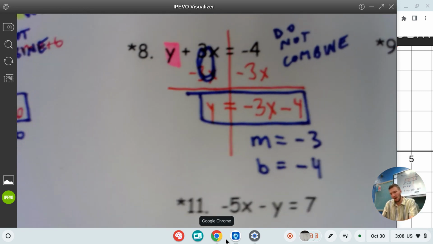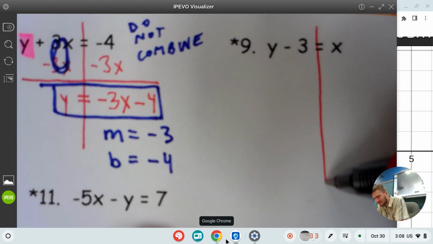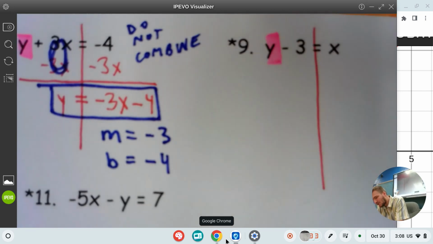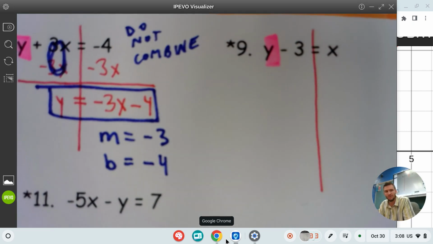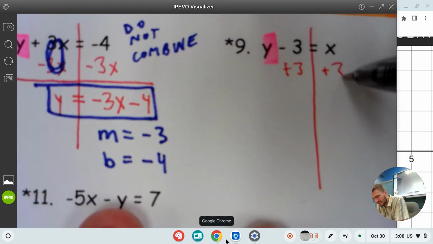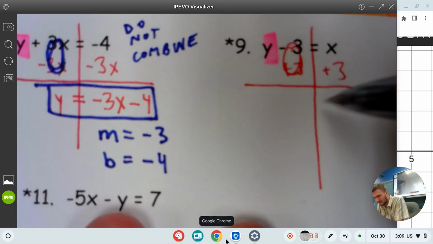All right. We're powering through. Number 9 is even easier than all those questions. Is the y isolated? Is the y by itself? Not yet, because that 3 is over there. How do you move a minus 3? Plus 3. Plus 3 on both sides. Once we move it, what is our equation going to be?